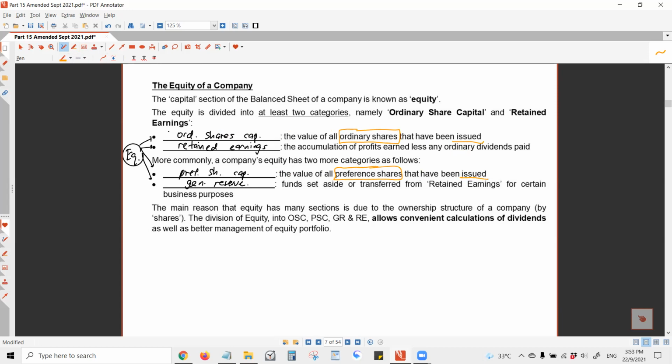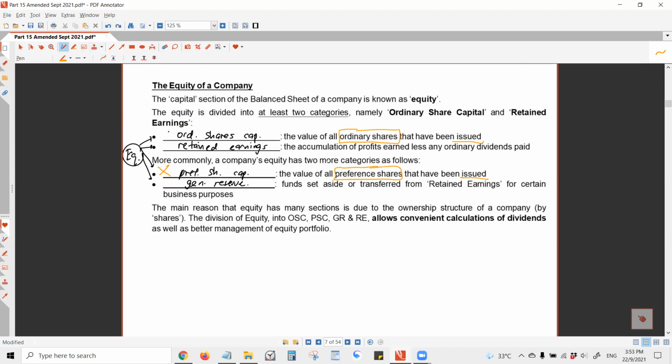Most of the time, you don't have this in the exam, but it is still within the syllabus, so I must teach you. Whether it will come up in the future, I'm not sure. But you must know it's part of equity. These 4 items, sum them up, it becomes equity. Equity means investment from owner.